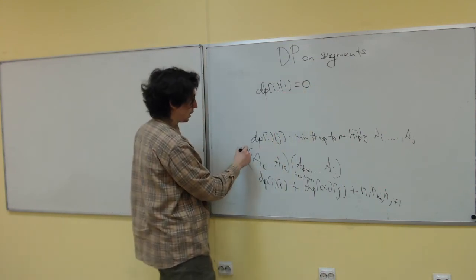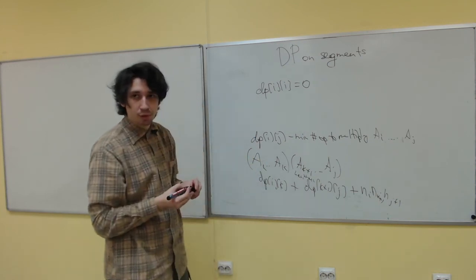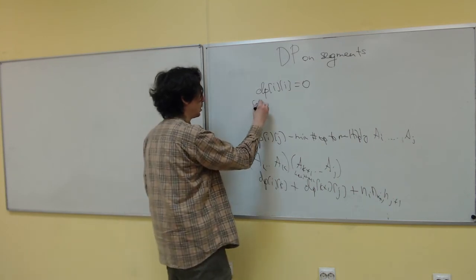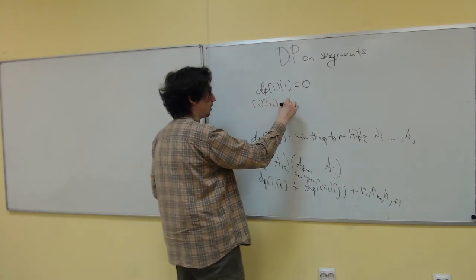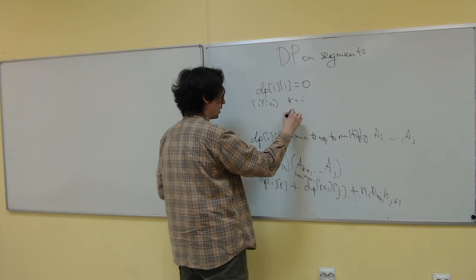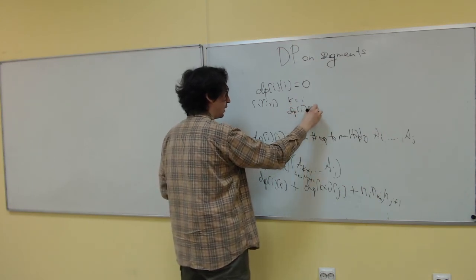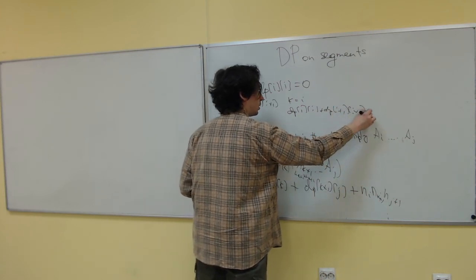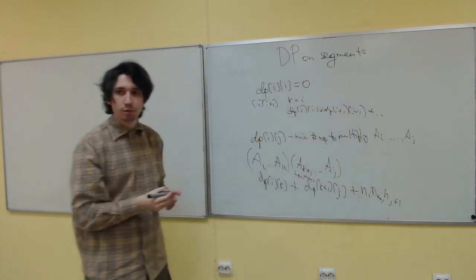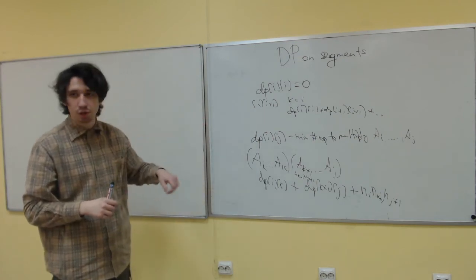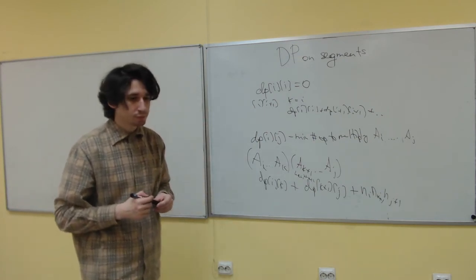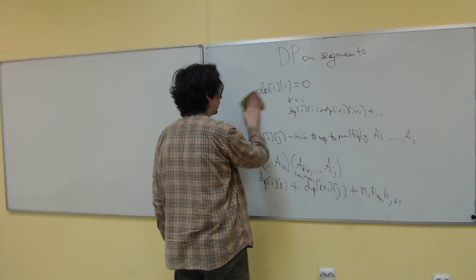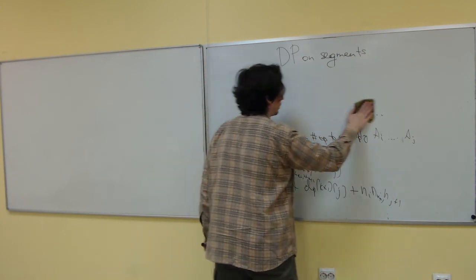And here start with the length 2, because you will get i plus 1. You will iterate over k, which is i, and you will have dp i plus dp i plus 1 plus the multiplication of these two matrices. So the initialization here is a little bit simpler. Okay, that's it with dp on segments.